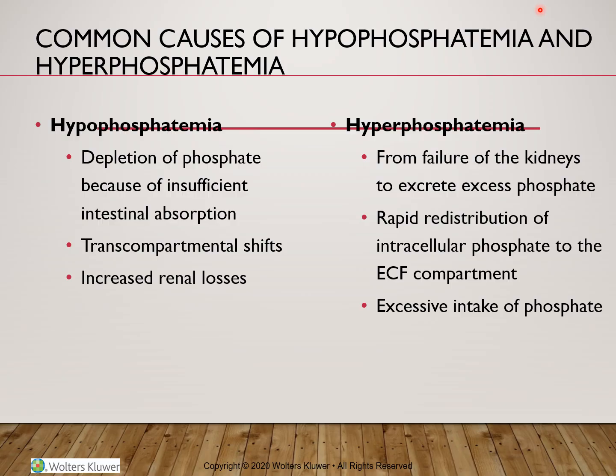Okay. We can also see it if there's a rapid redistribution of intracellular phosphate into the ECF compartment. So rapid redistribution might happen with things like massive trauma or burns, things that break down a whole bunch of cells at once that release that phosphate into the system. And we can also see it in patients who have an excessive intake of phosphorus.